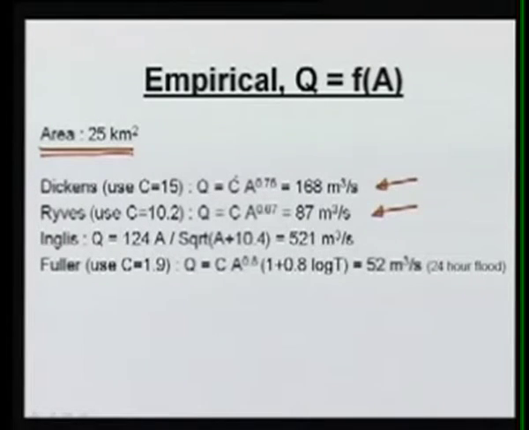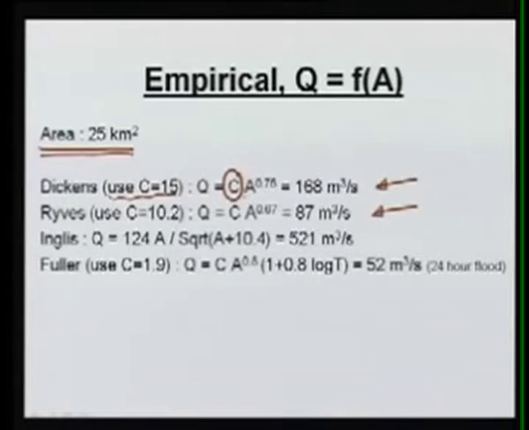The value of C is different for different areas, and we will use, let's say, a C of 15 for this case, which typically is the higher limit for hilly areas in northern India, or in central India a lower limit. So let's use 15. Area in kilometer square to the power 0.75 gives us a value of 168 meter cube per second.